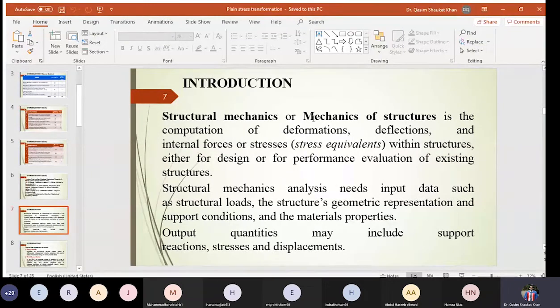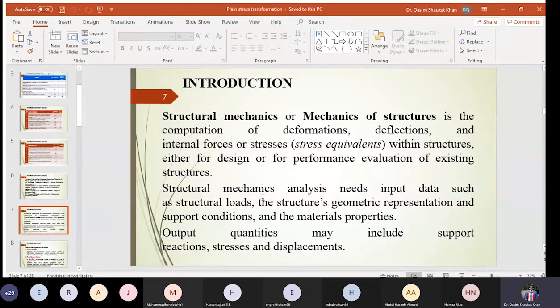Now for the computation of the final loads, stresses or deformations, you need to give some input data. Input data is how much superimposed dead load is acting over the structure, how much wind load will be acting, and whether we have to design the structure for earthquake loading or not.